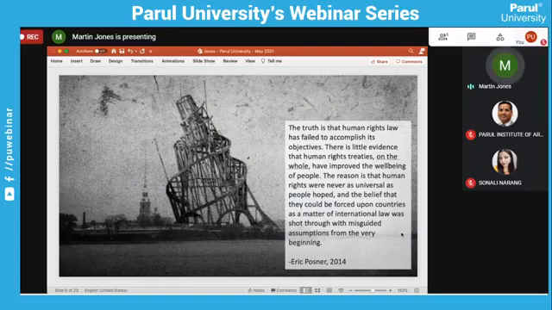And they see that there's very little evidence, according to Posner at least, that it's accomplished an awful lot, let alone its objectives. There's little evidence that human rights treaties, and we can replace human rights treaties with refugee treaties for the purposes of our discussion, on the whole have improved the well-being of people or refugees. The reason is that human rights were never as universal as people hoped, and the belief they could be forced upon countries as a matter of international law was shot through with misguided assumptions from the beginning.